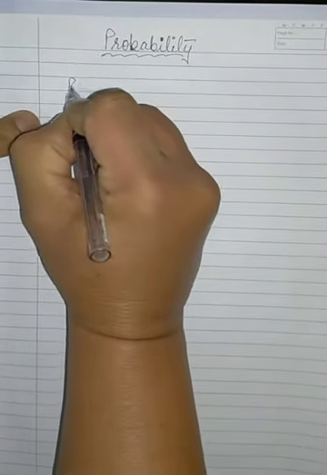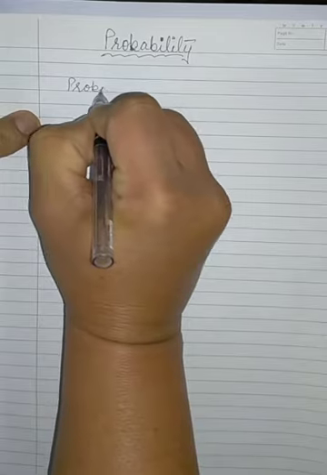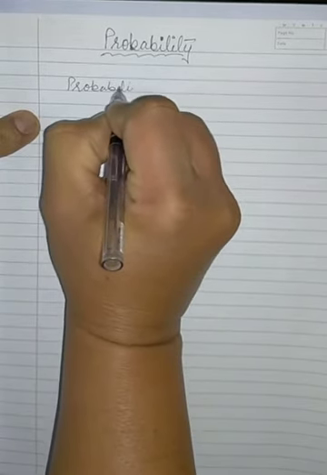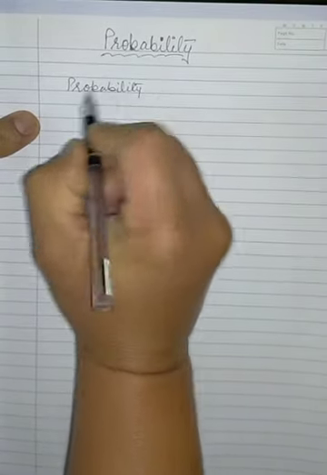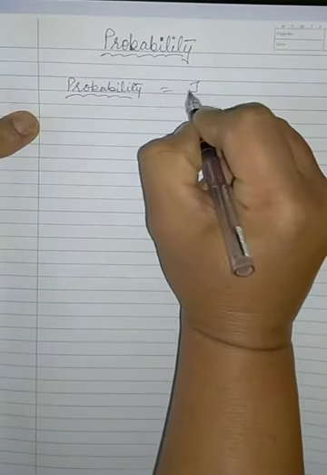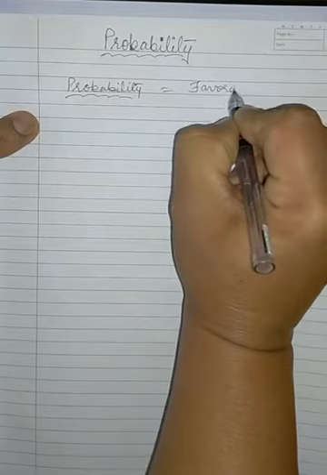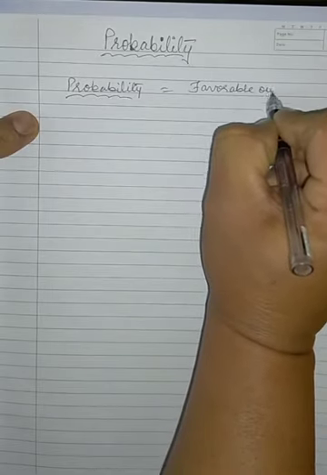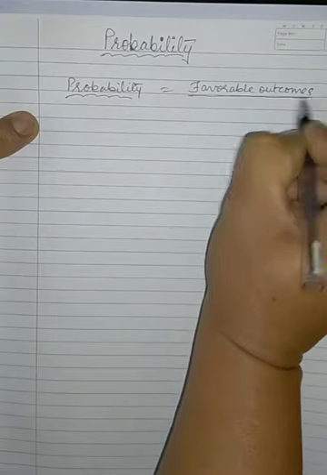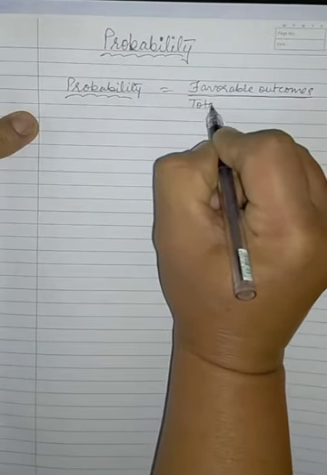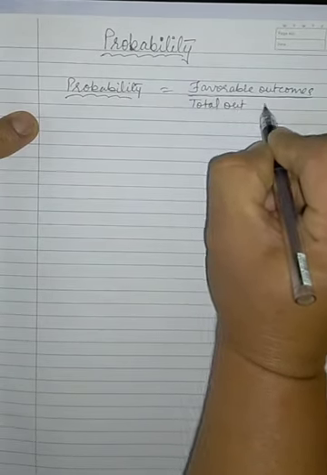The word probability is formulated as favorable outcomes of the event upon total outcomes of the event.